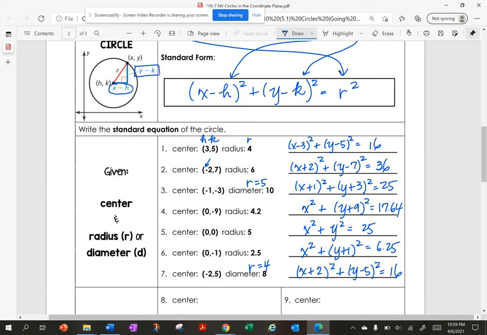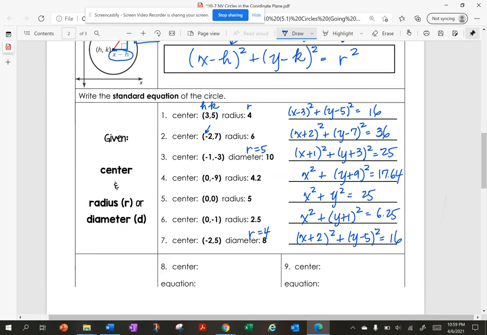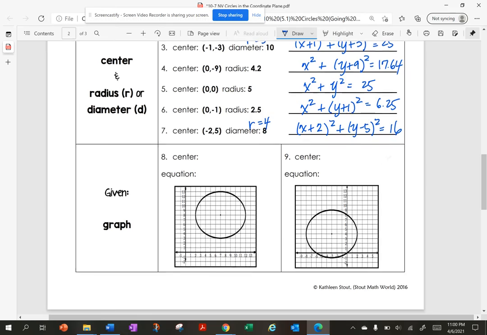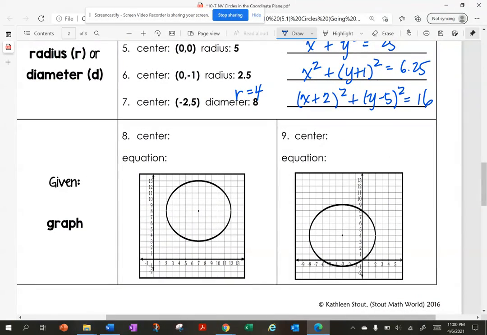Okay, so let's do this backwards now. I'm going to give you the circle. I'm going to have you tell me what the center is and write the equation. So here's my center right here.